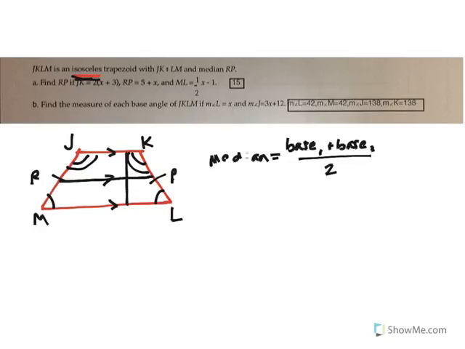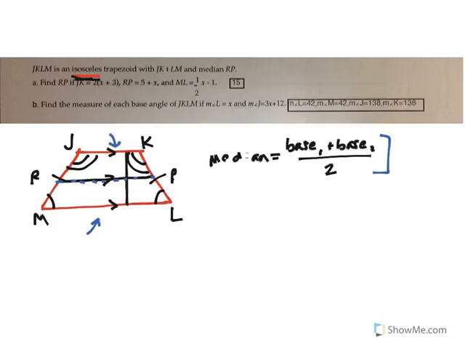So it's basically the average of the two bases. Which makes sense, because if you're trying to find the line that's directly in the middle of this one and this one, you would probably find the average of the two bases, right? So the formula makes sense.